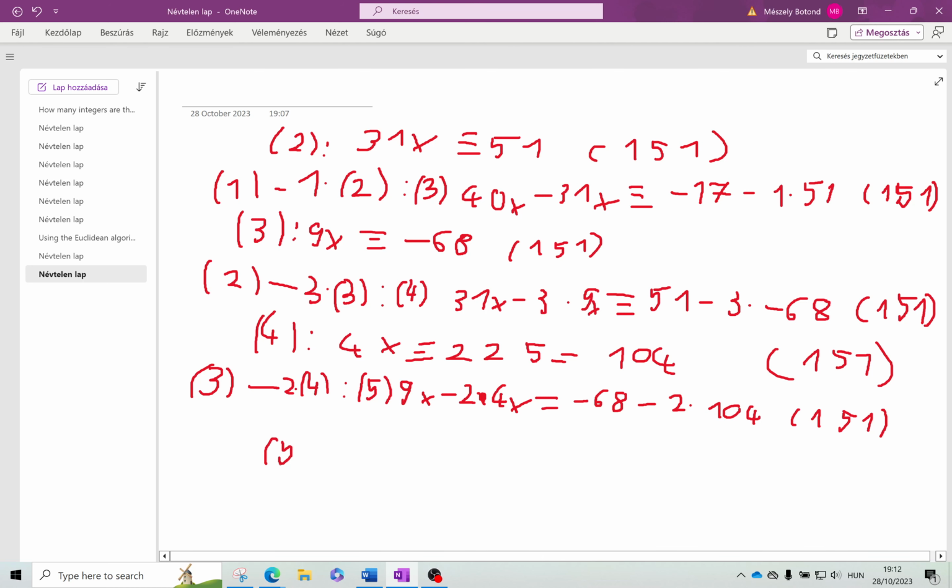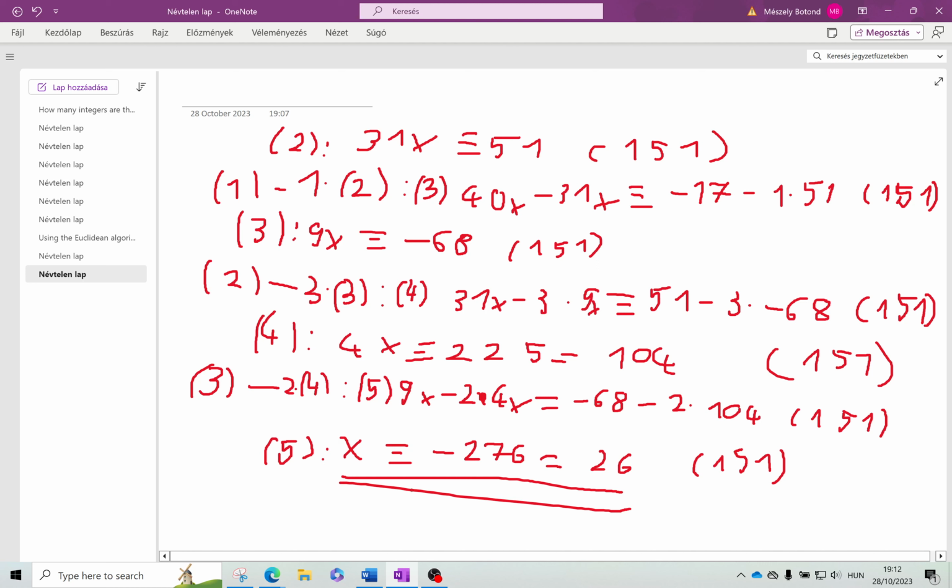So the fifth equation will be x, because 9x minus 8x is 1x, congruent minus 276, which equals 26, because we can just add 151 twice and we get 26, an easier form. And we got to 1x.